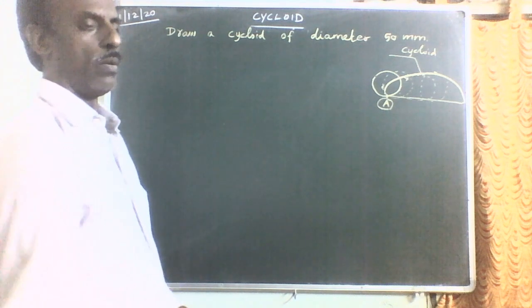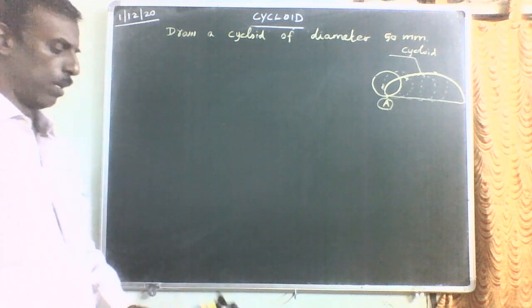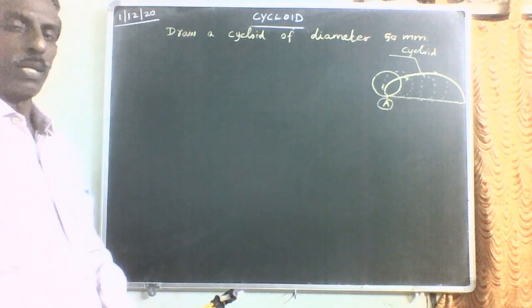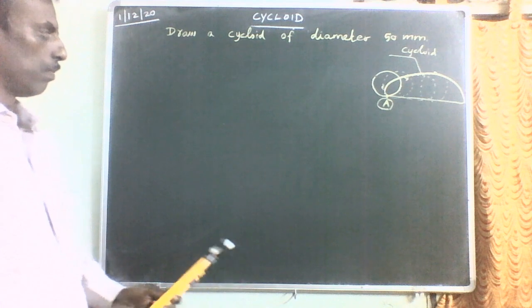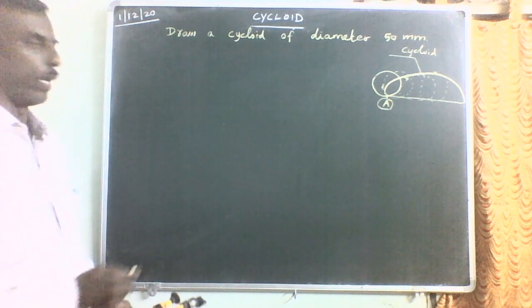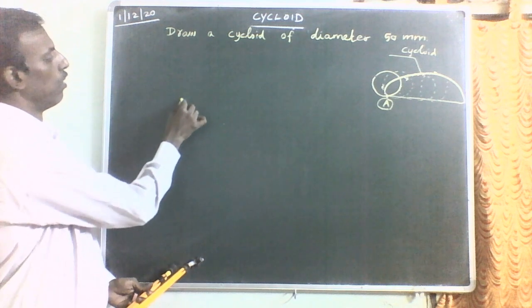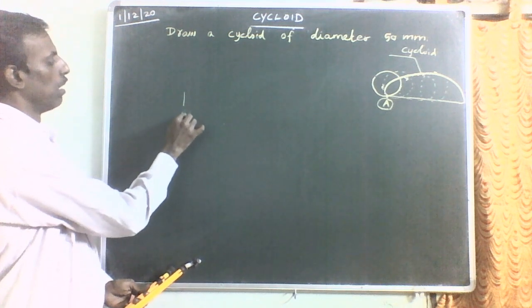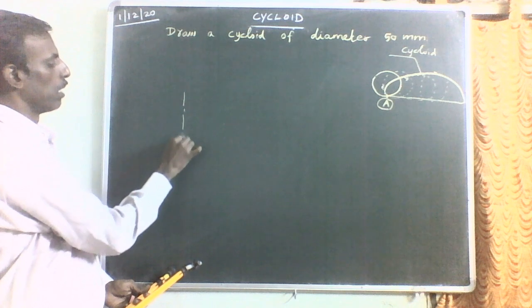Now, take the compass with the diameter 50 mm. So, the radius of the circle will be equal to 25 mm. So, with the radius 25 mm, you draw the circle.